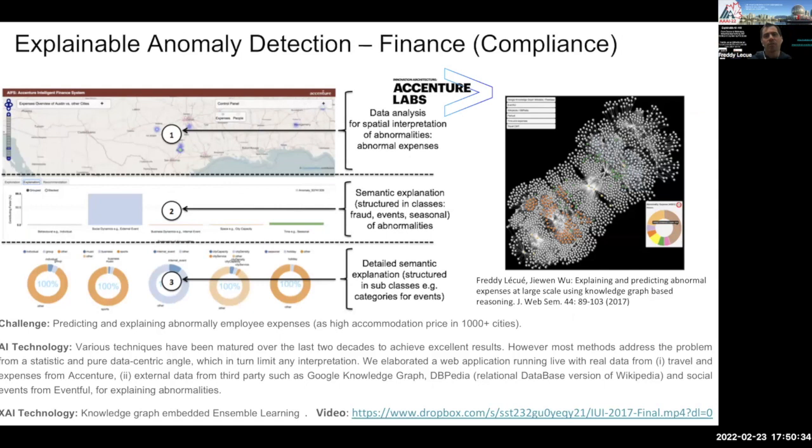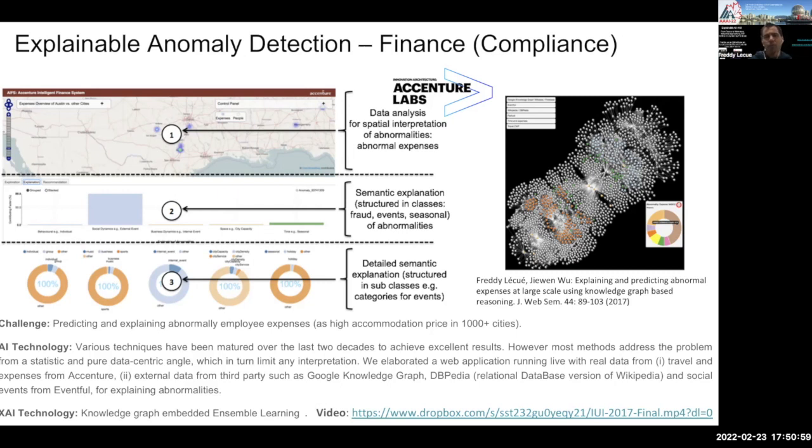Not in the sense of trying to find why that person is claiming so much and maybe committing fraud. It's much more that the rationale may be that the number of people going that day is much higher than usual for that kind of size of city, that kind of set of geography. And that's actually a normal behavior.